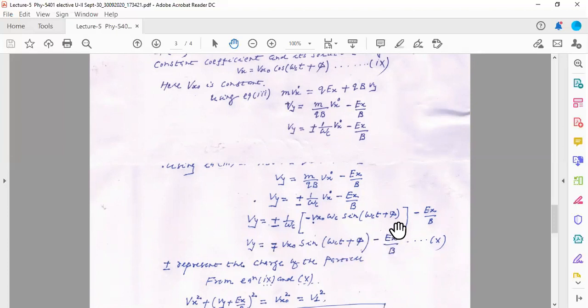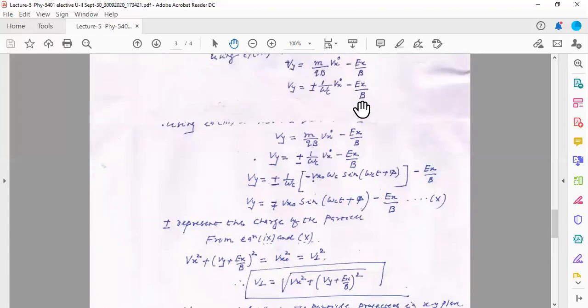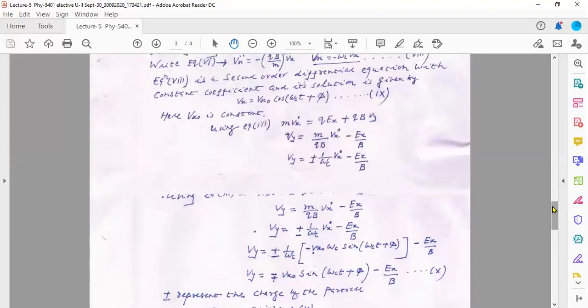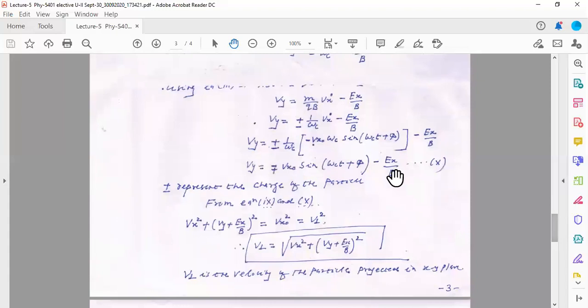So for this equation 9 and equation 10, you can take the square. If you take Vx square, you see this Vx which you already calculated. It is Vx0 cos square of omega ct plus phi, which I can write down here, Vx square plus Vy square.